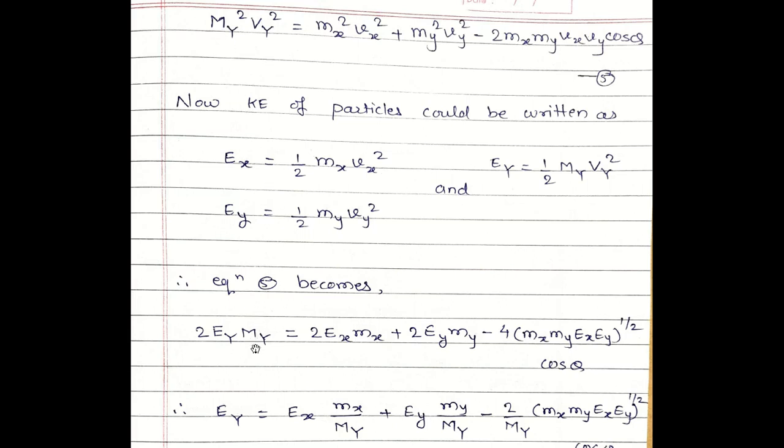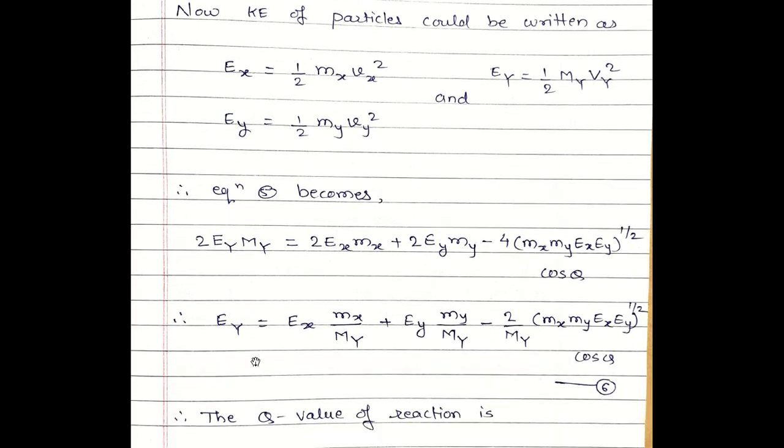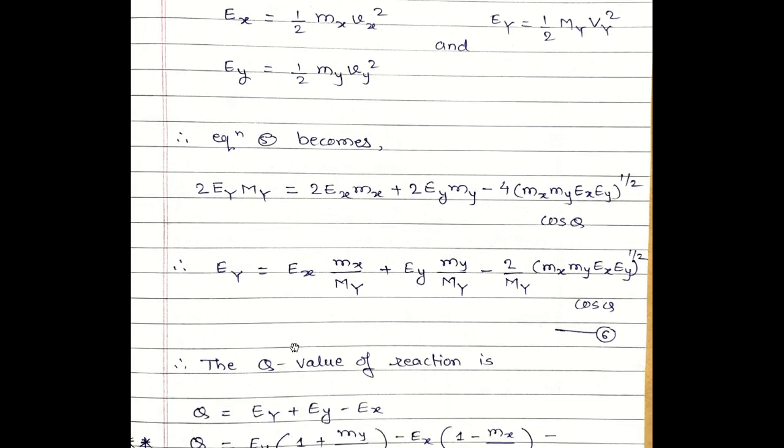So this m I have written again as it is. So the above equation becomes like this. Dividing everywhere by twice capital My, we will get this expression for kinetic energy of product nucleus like this.